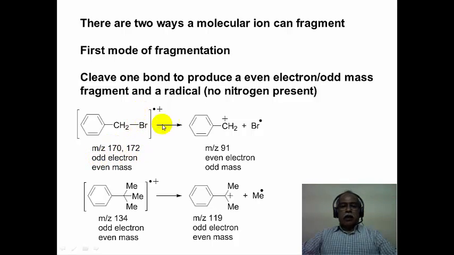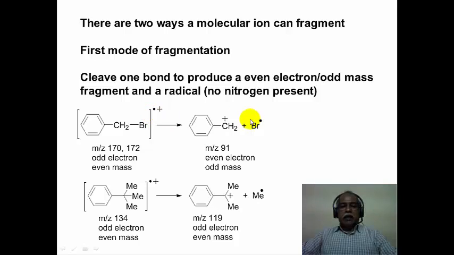This is an odd electron species because it is a cation radical, but the masses are even, as you can see here. When it undergoes fragmentation, a bromine radical is lost. The resulting ion has an m/z value of 91, which is an odd mass, and it is an even electron species because one of the electrons has gone with the bromine.